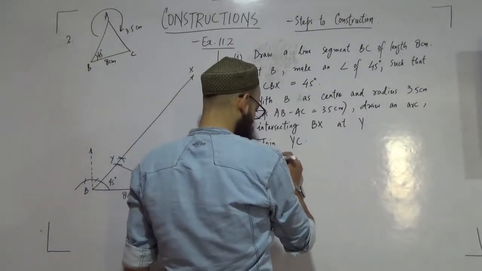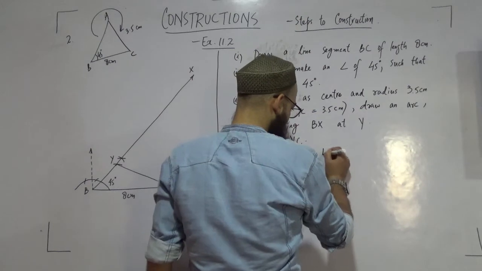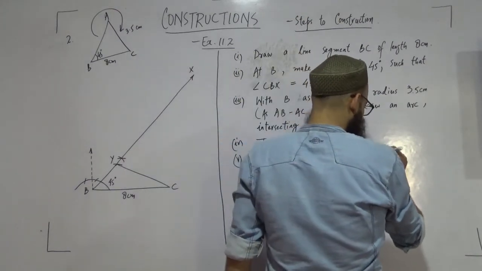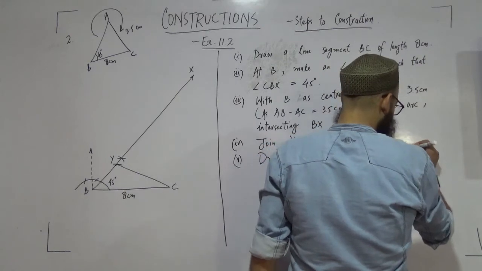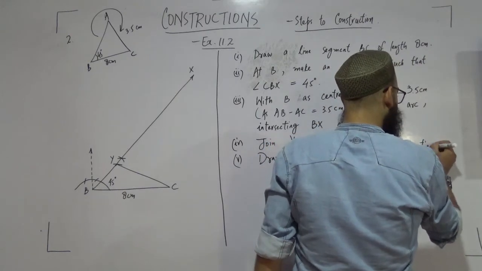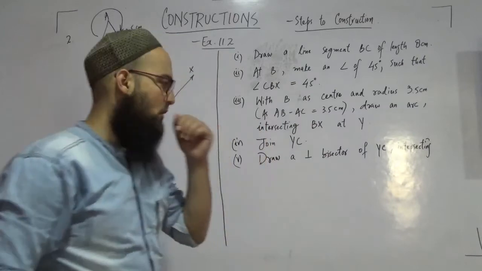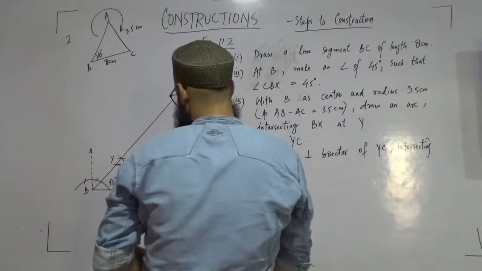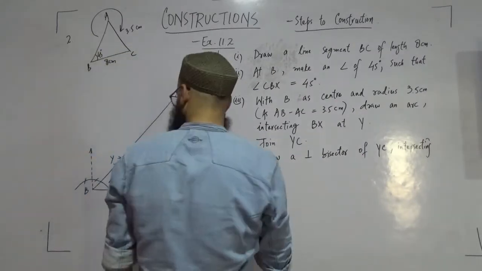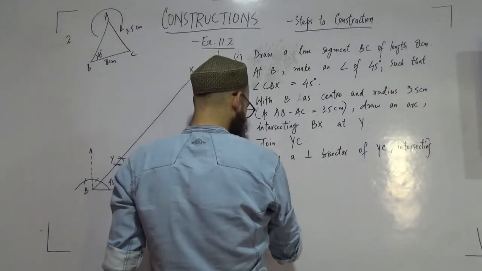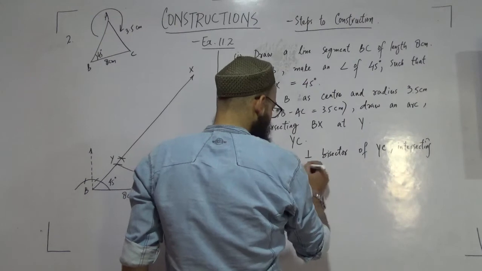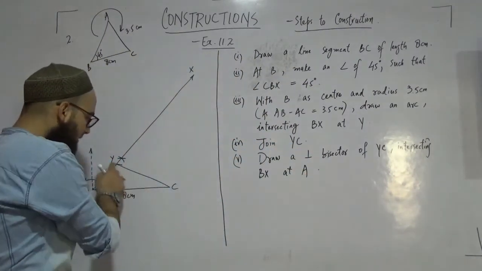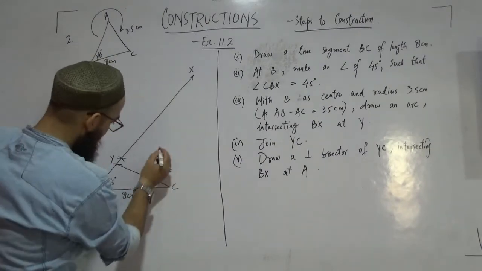Draw a perpendicular bisector of YC. It's quite similar to the first one. Draw a perpendicular bisector of YC intersecting BX at A. Now draw the perpendicular bisector of this.